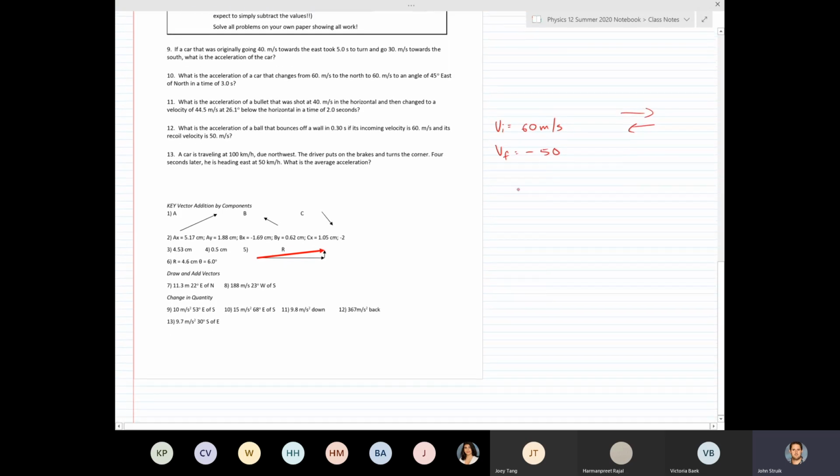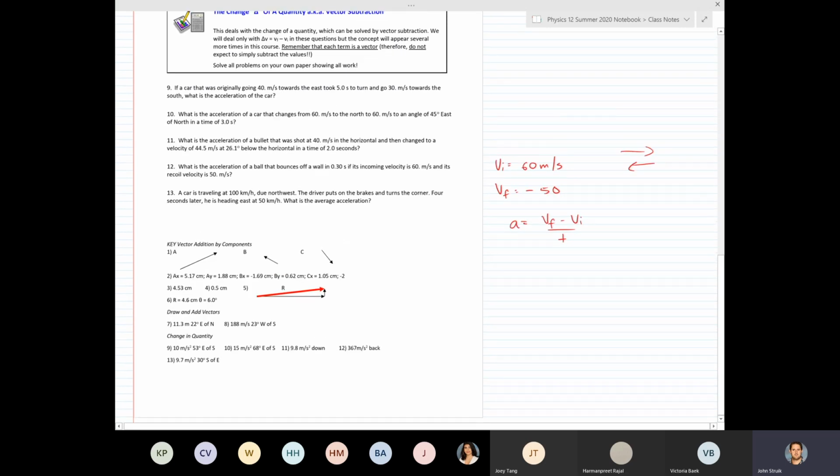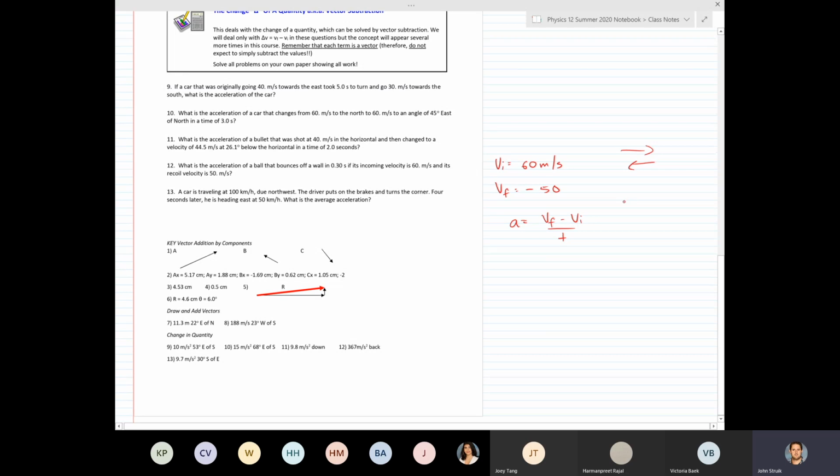Well, acceleration is VF minus VI over time. If I have an initial velocity of 60 that way and a final velocity of 50, it's VF minus VI. So VF is negative 50 minus, and because this is a vector, you're adding the negative VI.